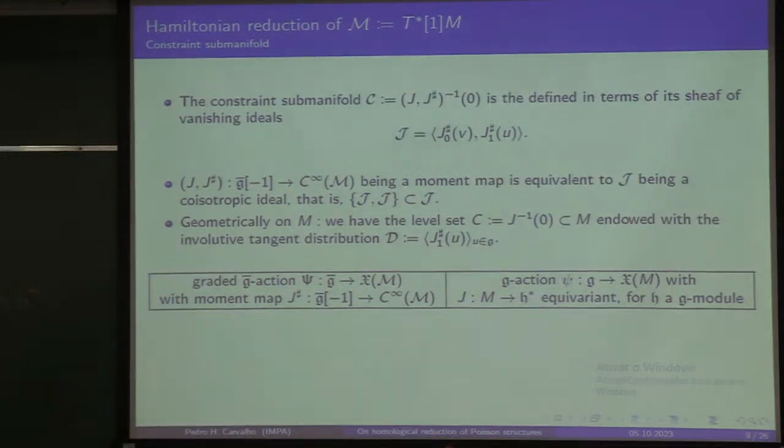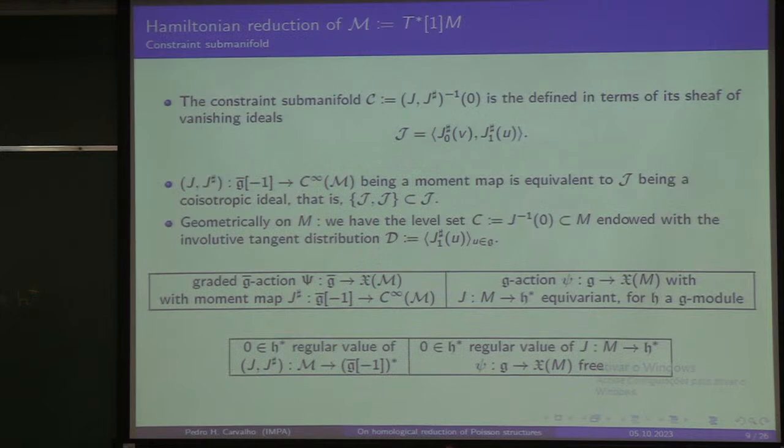So you translate the Hamiltonian action on the shifted cotangent bundle into purely geometric terms in M, and you get this correspondence here. H here is the degree -1 part of this guy here. So you remember that this guy has H in degree -1. When you go to this side, this H is the guy that was in degree -1 here. And you can go from here to here and from here to here, okay?